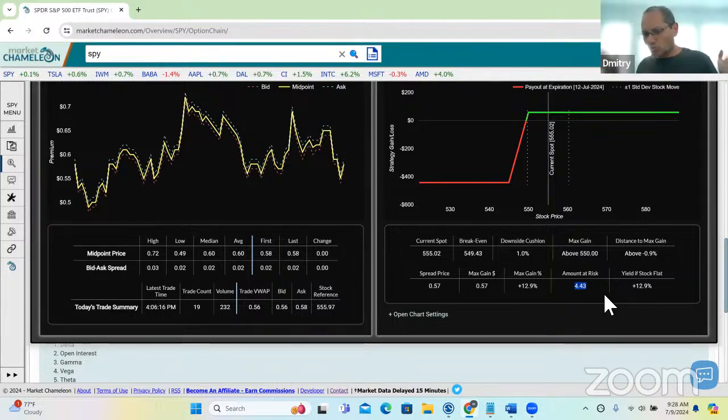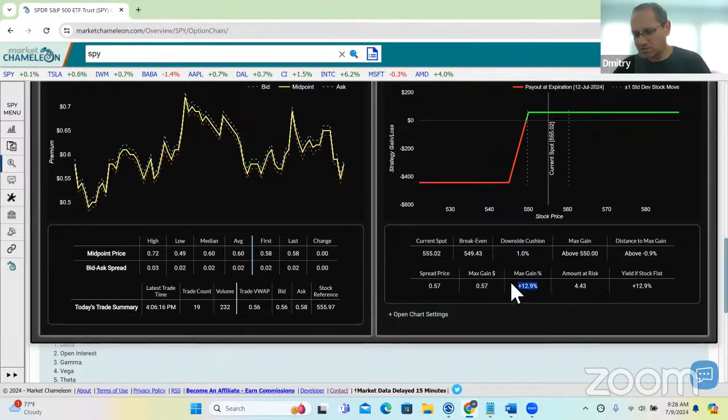Well, so how much can we make on the amount we have at risk? If we're risking 443 and the max gain is 57 cents, then our max gain is 12.9%.